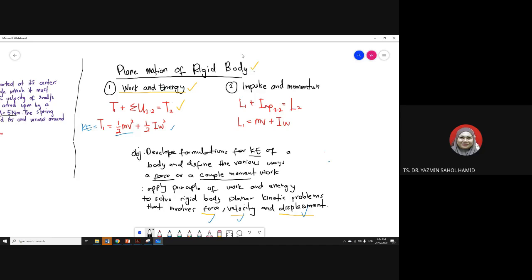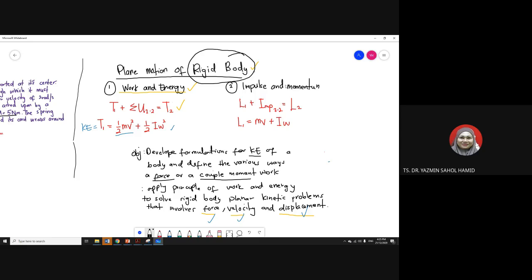Now what we're going to focus on is rigid body. Previously we did particles, now we're focusing on rigid body. The main principle formula for work and energy is the same for particles and rigid body, which is T1 plus summation of work from 1 to 2 equals T2.